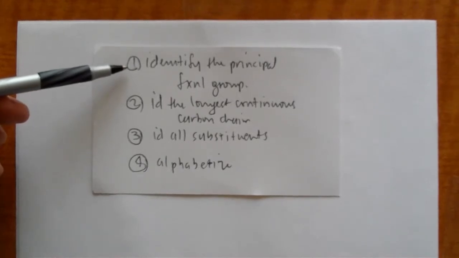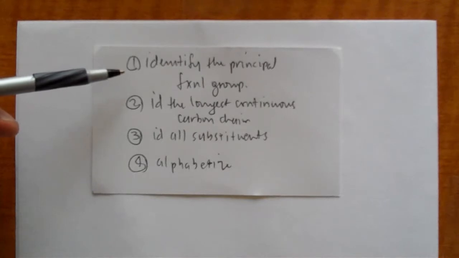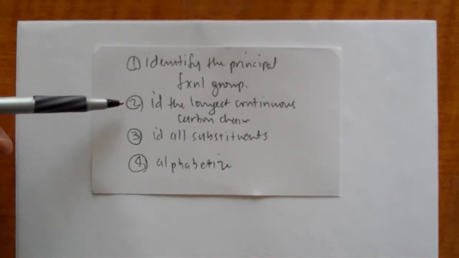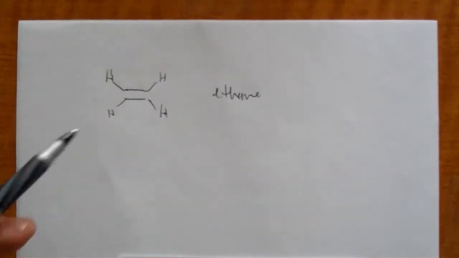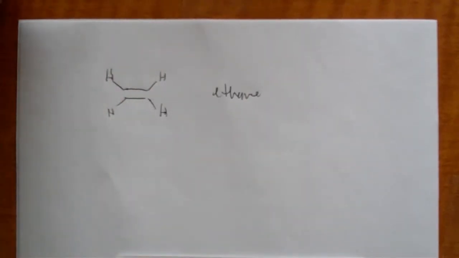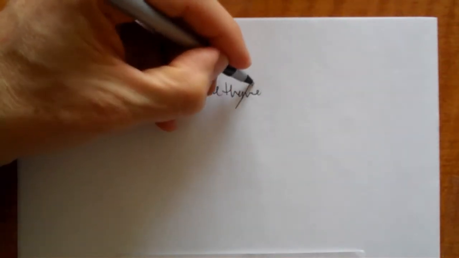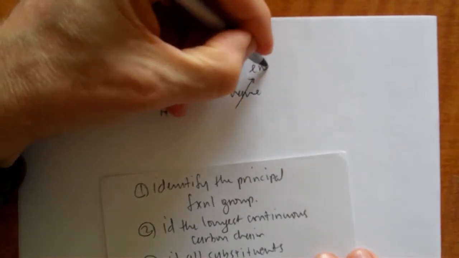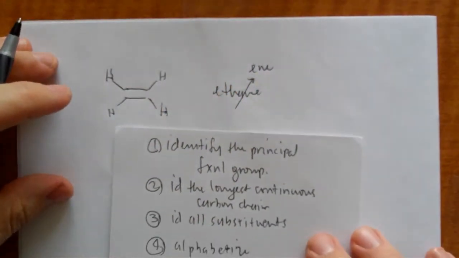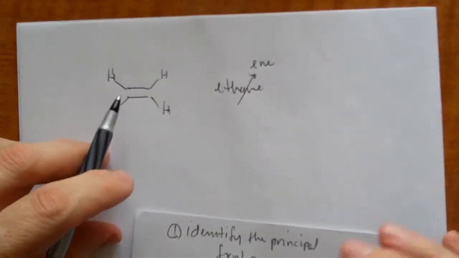In alcohols, it was hydroxy, or -ol would be the ending. And number 2, identify the longest continuous carbon chain. Identify all substituents and then alphabetize. Put everything together. All right, so in this one, we would say it's ethane, but then we would change the ending to accommodate the principal functional group. Ethene. All right, we identify all substituents. There are none. And then we alphabetize. There are none.